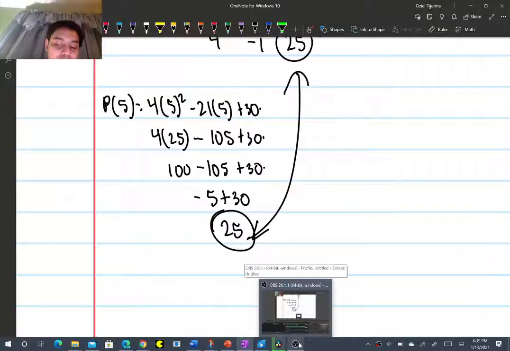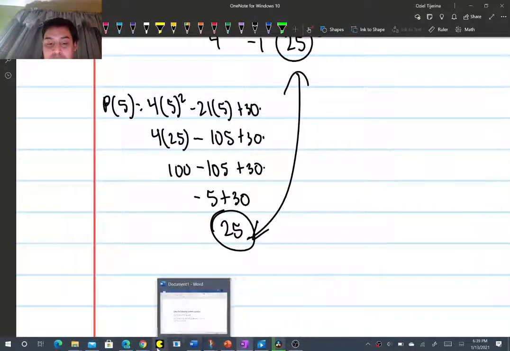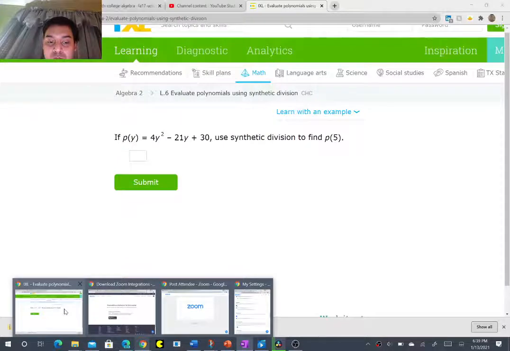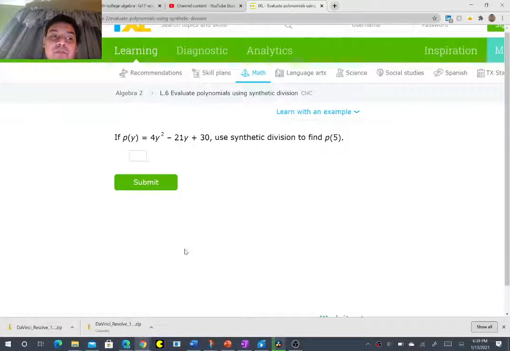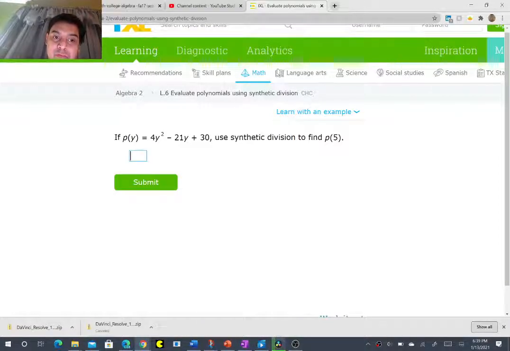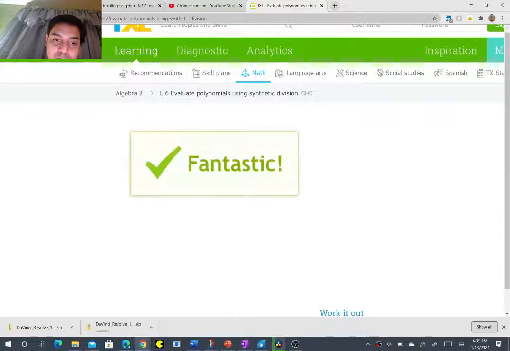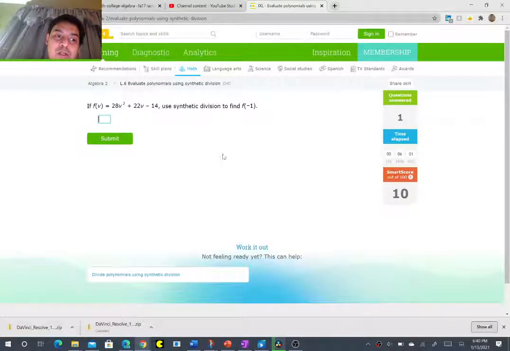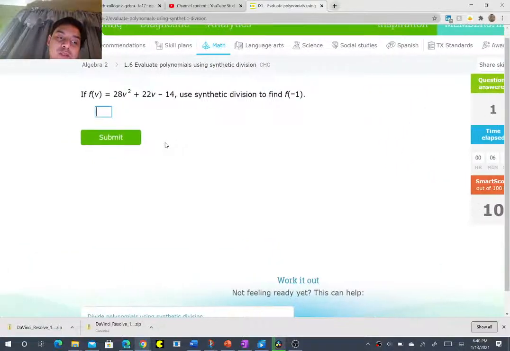So that's the first example that I wanted to go over. So if we put that it's 25, you see, it actually is 25.